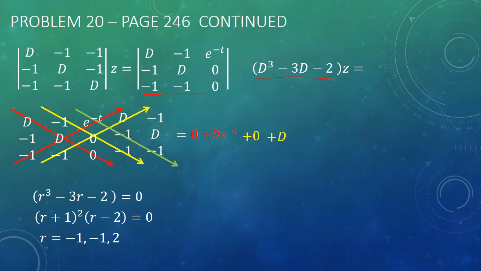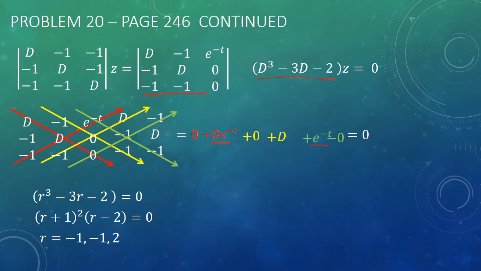That's going to be a positive e to the minus t. And that's going to be 0. And look at this. I've got the derivative of e to the minus t, which is a minus e to the minus t, added to a positive. So again, that adds up to 0. So I get the same differential equation with respect to x, y, and z.